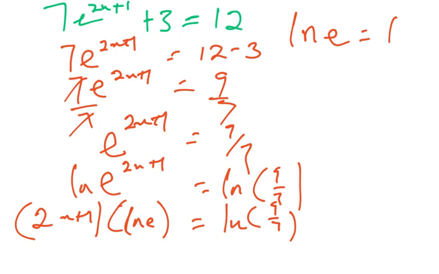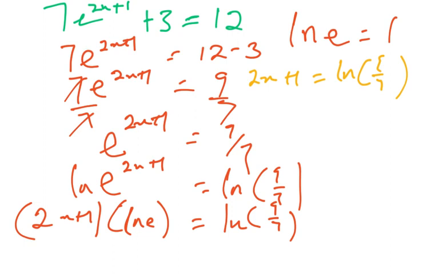Right? Here, we know this is 1. So we have 2x plus 1 should be equal to the natural log of 9 on 7 here.